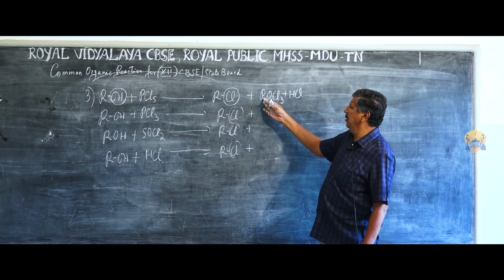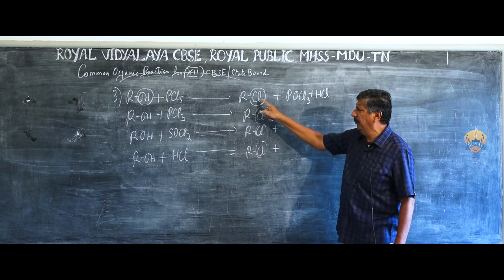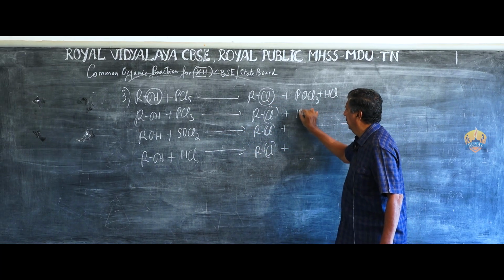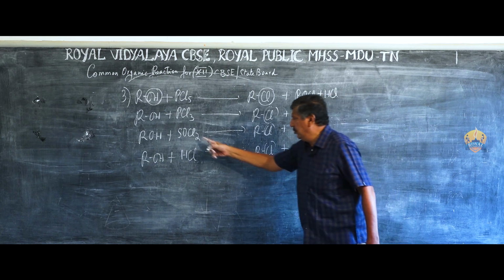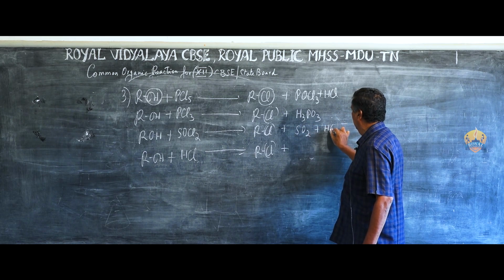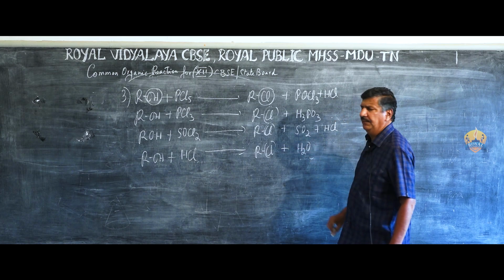This is, of course, phosphorus oxychloride, but don't name the compound. You name this alone. Then for PCl3, this is a byproduct. For SOCl2, this is a byproduct. For HCl, this is a byproduct. That's all.